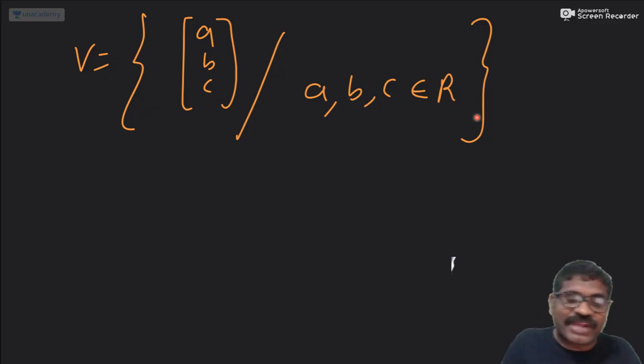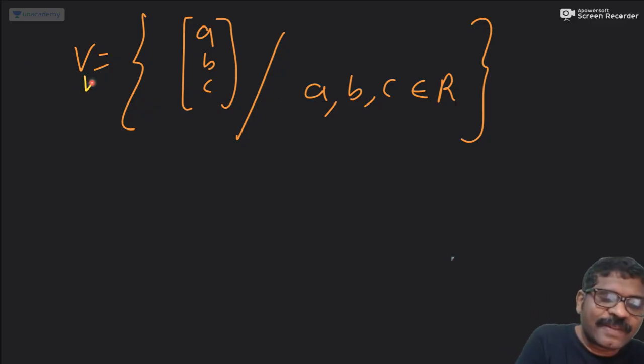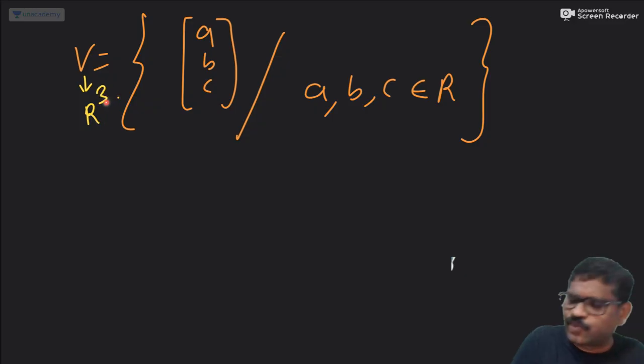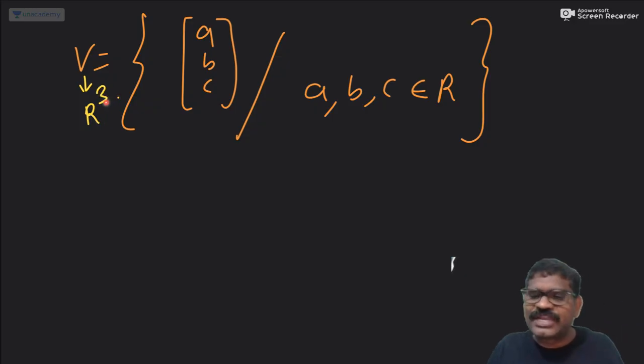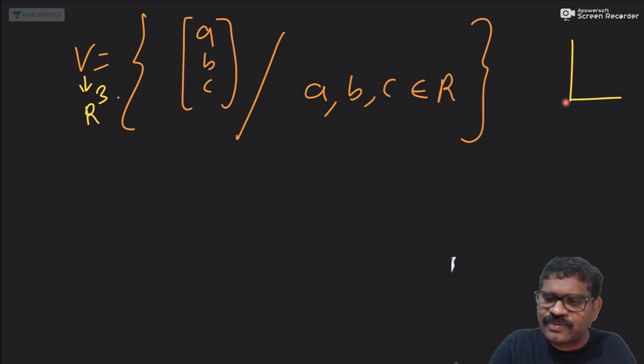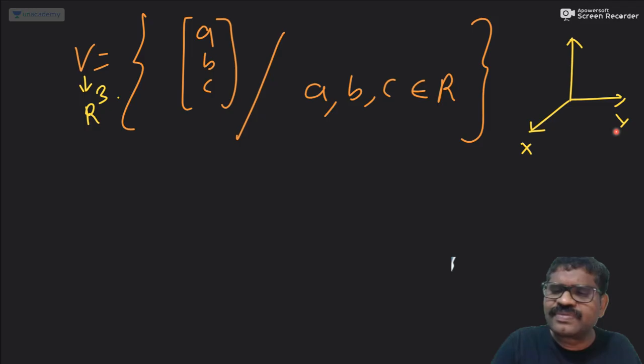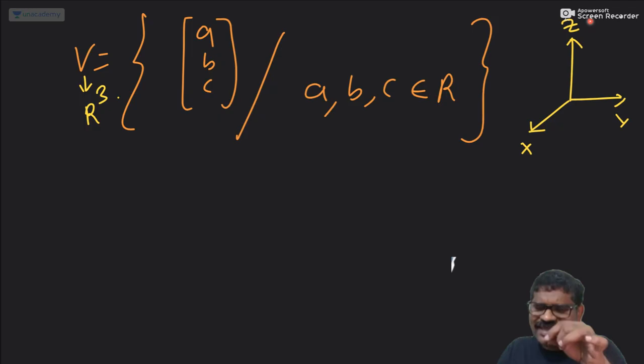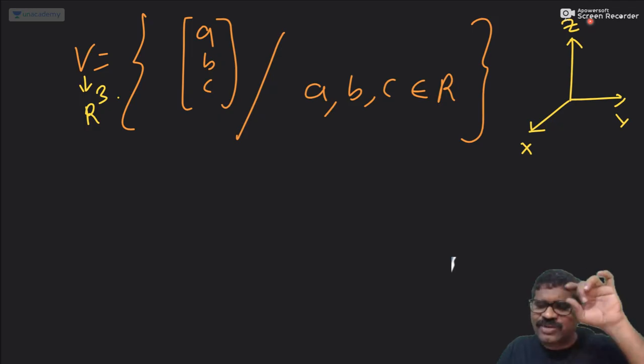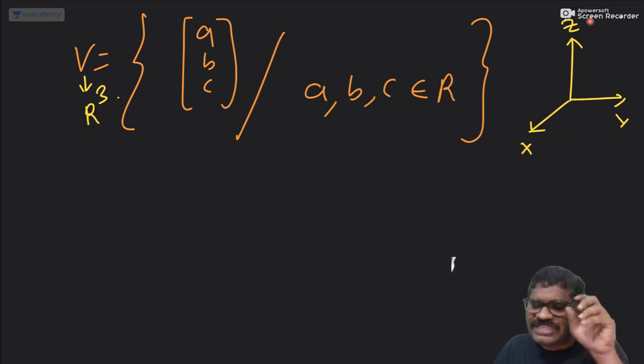Generally, three-dimensional vector space is represented by R cube, with x-axis, y-axis, z-axis. Length, breadth, height. For your visualization purpose, you have to imagine like that. So i cap, j cap, k cap are the base vectors to create one three-dimensional space.